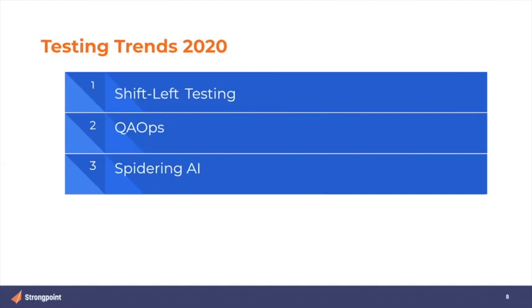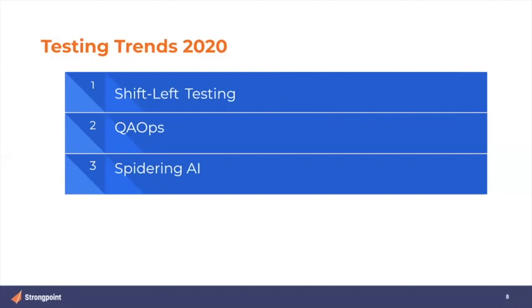So I don't need anything else. I don't have the artificial intelligence per se in the way that it detects what I need, but I have enough intelligence to be an expert system that tells me all the dependencies and gives me all the coverage of what I need to test. So spidering is something that is already embedded in Strongpoint.